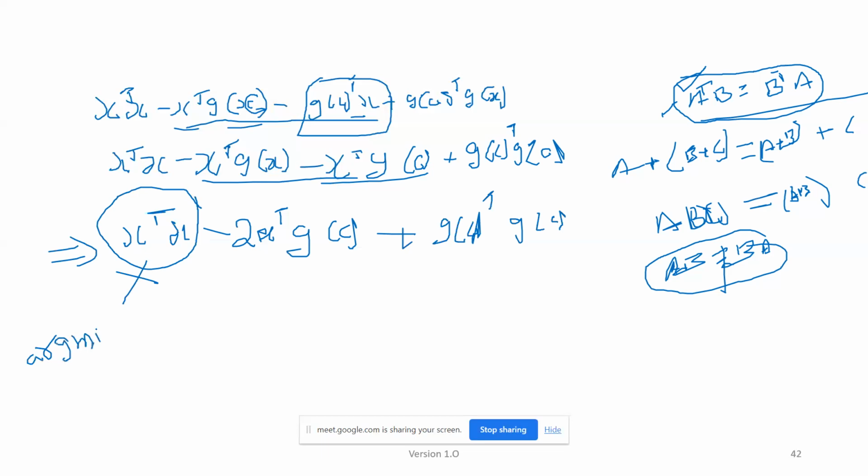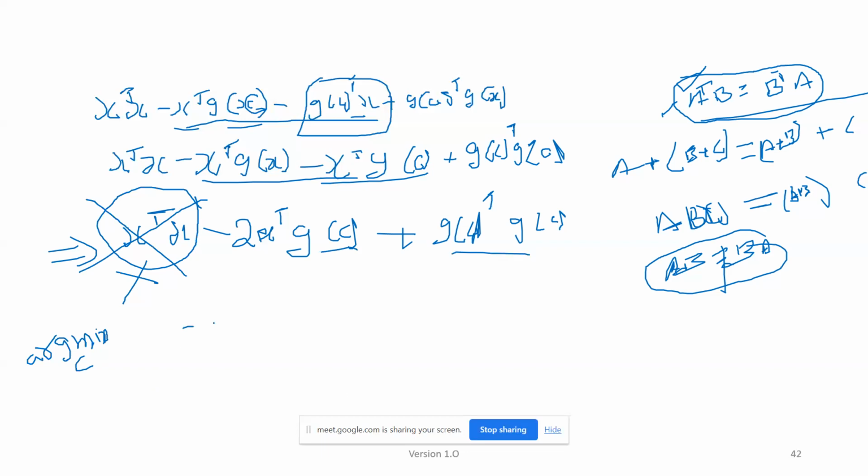So we are taking the minimum value over the argument C. So wherever we have term C, we consider only that particular step. Otherwise, the remaining terms which do not have C, we won't consider. So this X transpose X, we are not considering here. Here we have GC term, here we have GC term. So we'll consider these two.